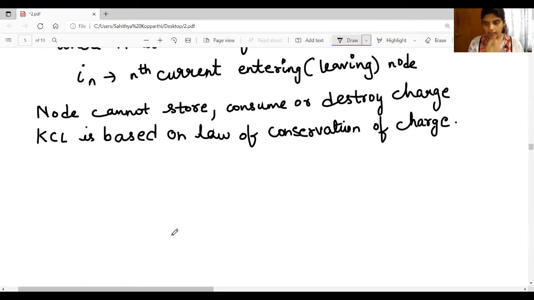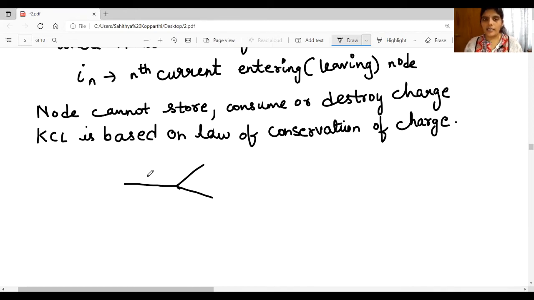The current leaving or entering the node can be compared to pipes connected in a Y shape. You can't say that all the pipes are sending water, that they're all positive currents entering; pipes might burst.